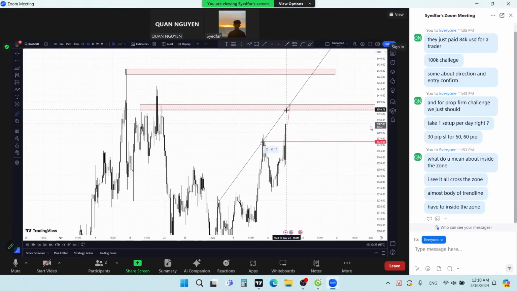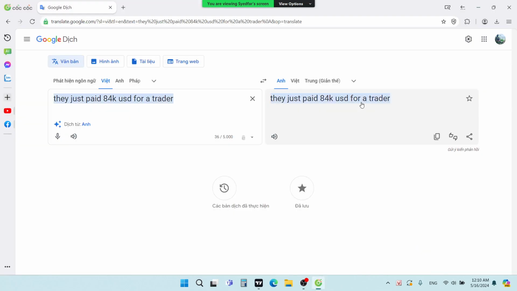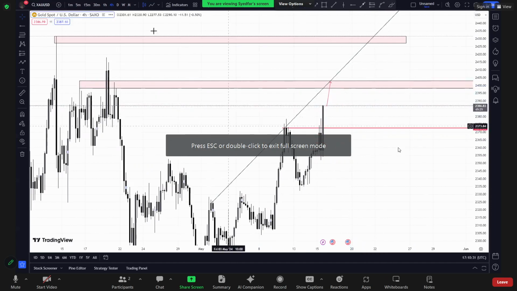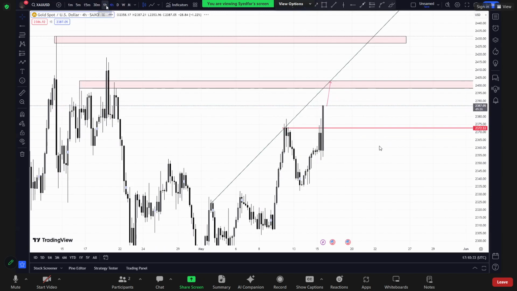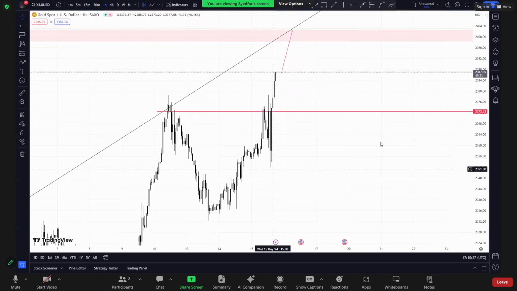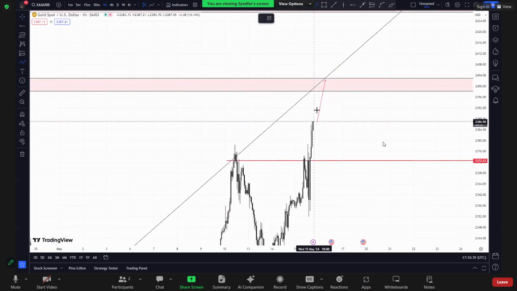From here it's already 200 pips. It's a very, very big portion. If the portion is too big for a reversal, it's high risk. So you can use H1. Maybe tomorrow H1 will be like this, so put your portion here.